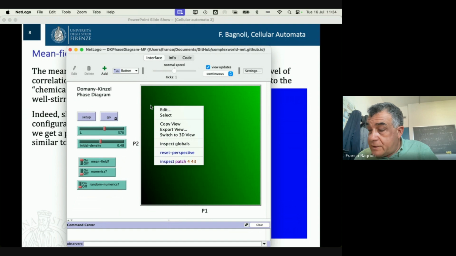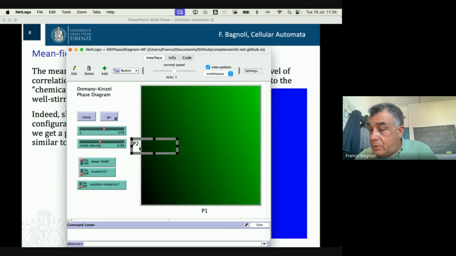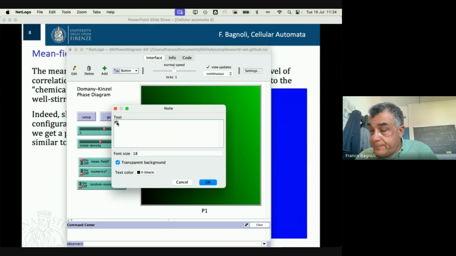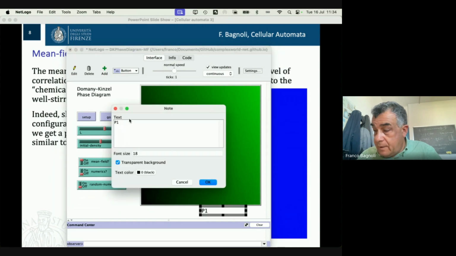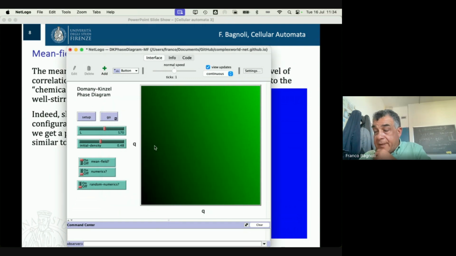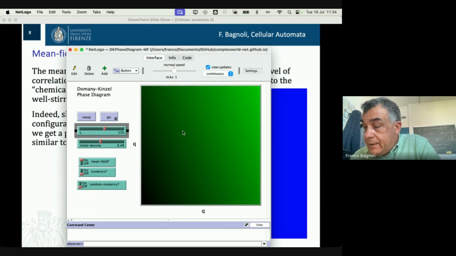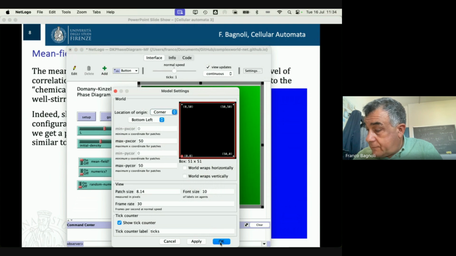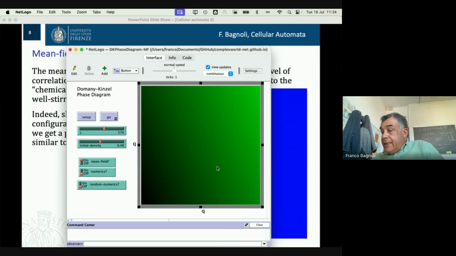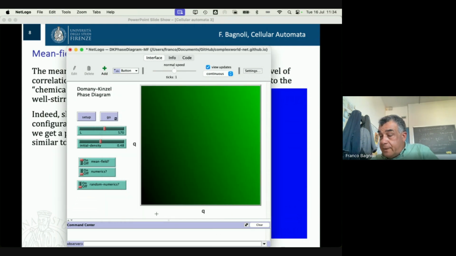In each square, I assign a value of, say, P and Q. This is Q, and this is P. And each patch is computing a simulation on a vector of length L. So what we are seeing here is not a single simulation, but a lot of simulations, actually about 2,500 simulations, for different values of P and Q.